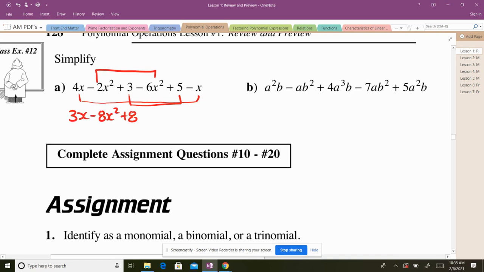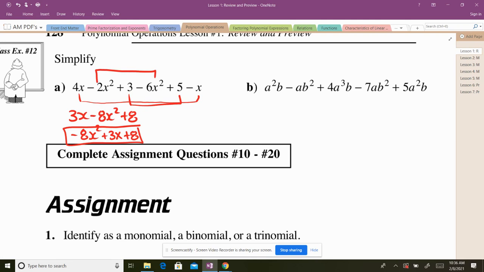That is correct. The convention would be to write it in descending powers of x. So you would usually rewrite this as negative x squared plus 3x plus 8. If you don't, though, it's not wrong. You'll get it right. Okay? But that's how they usually write it, in descending powers of x.